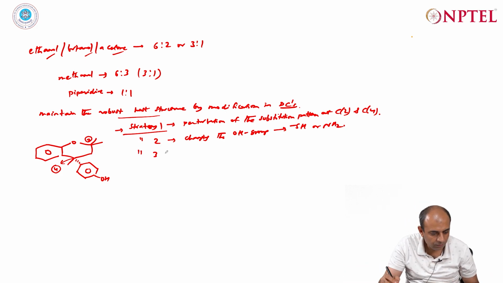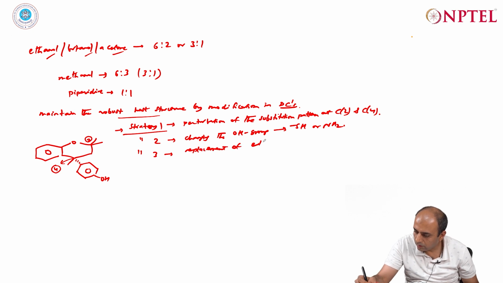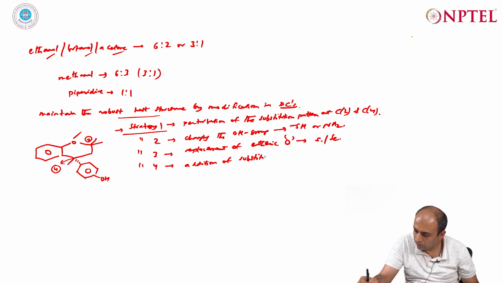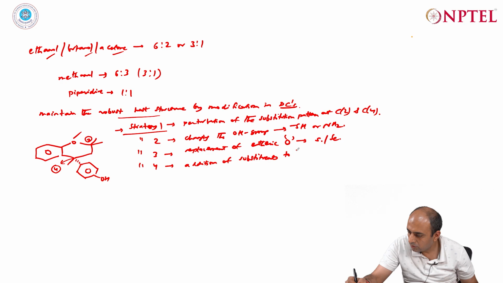Strategy 3, replacement of the etheric oxygen, that is this one, with sulfur or selenium. And strategy 4 is addition of substituents to the aromatic ring.